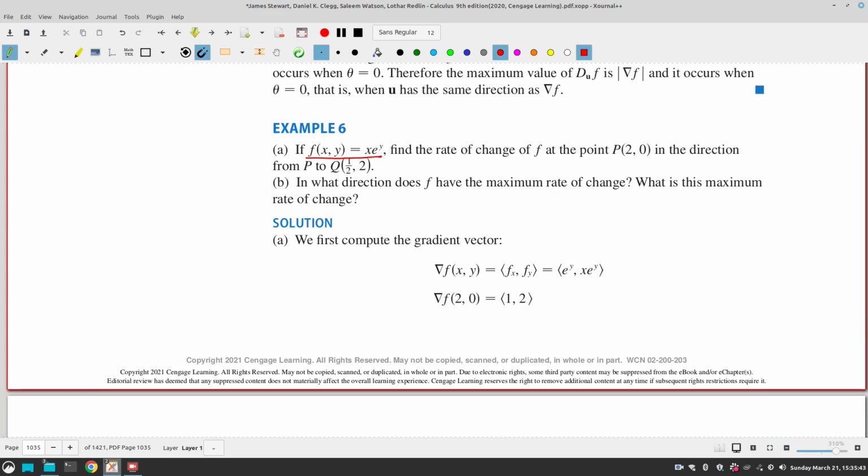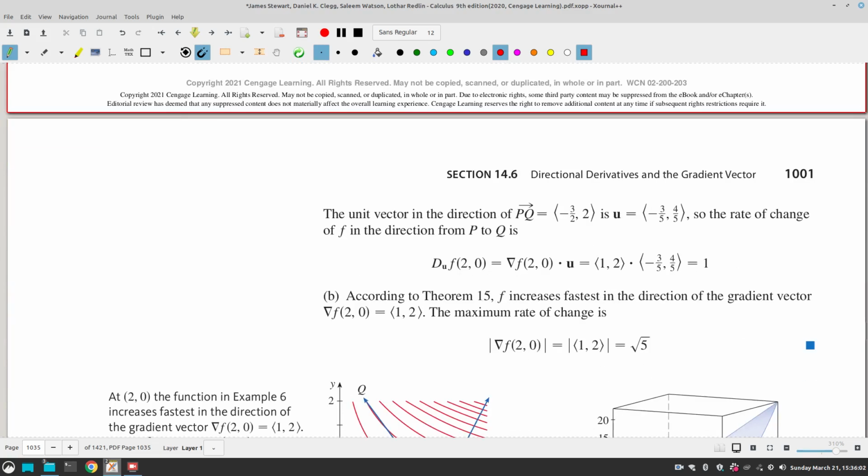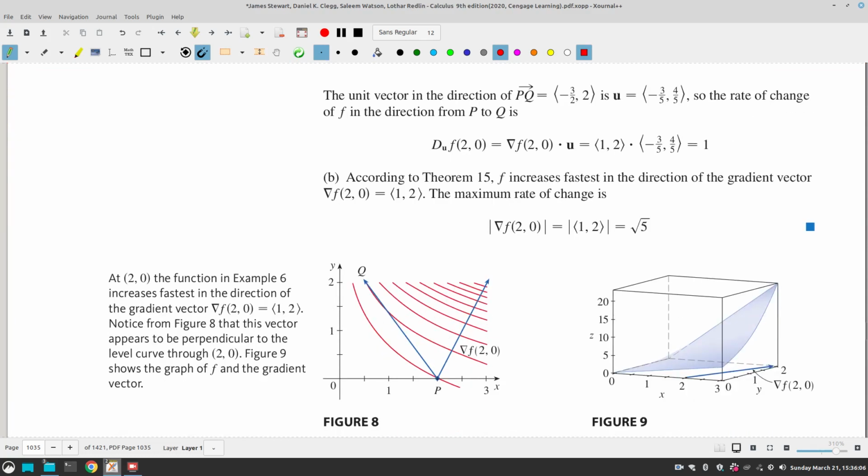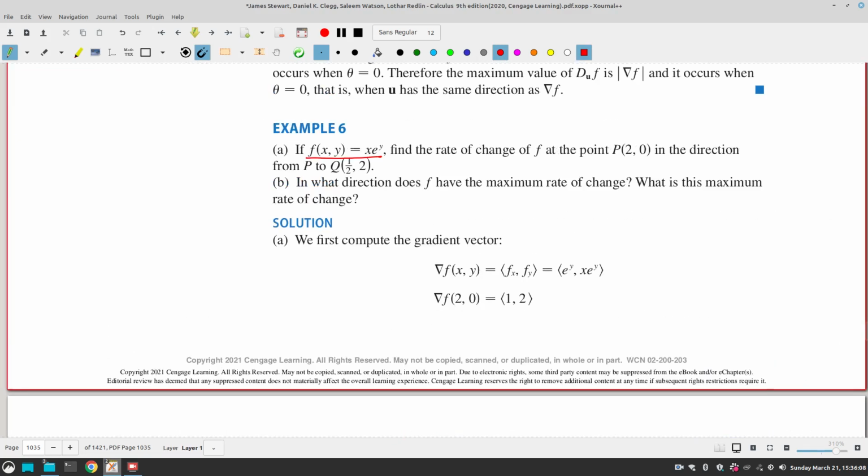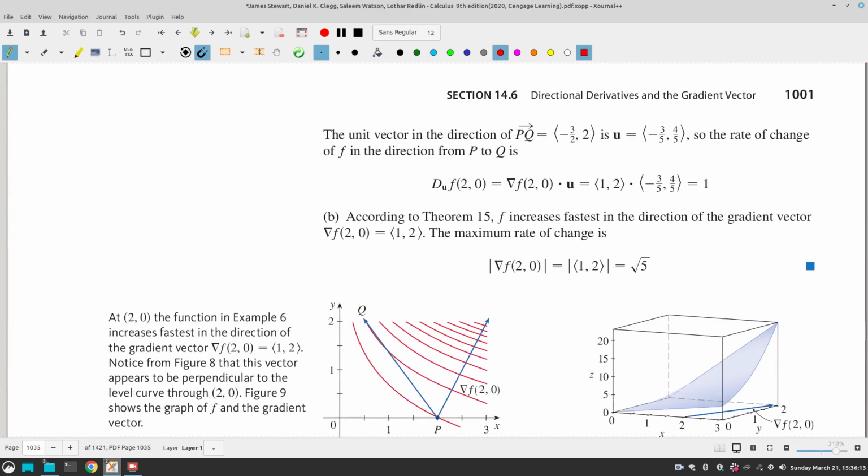We want to find the maximum rate of change of f at the point, sorry, not at half comma 2, I think it's at 2, 0, at the point 2, 0, right?